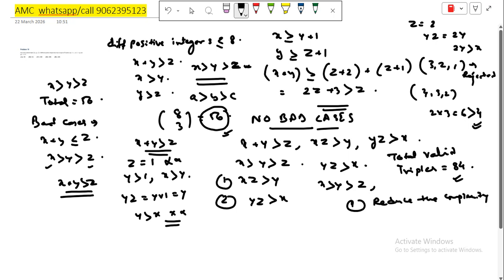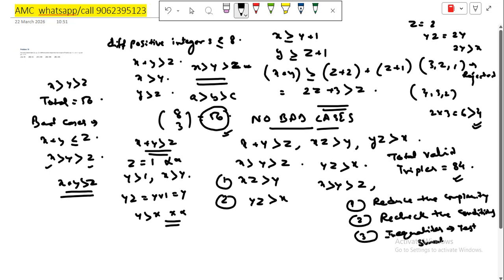Second, always recheck the conditions. And in inequalities, test small values.